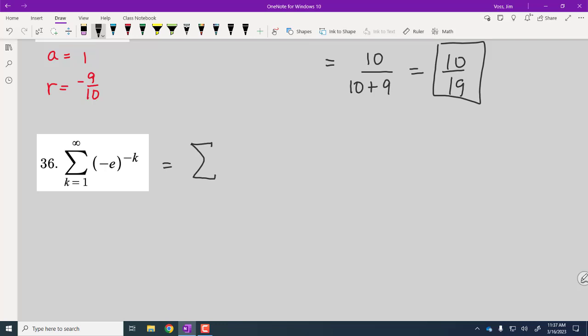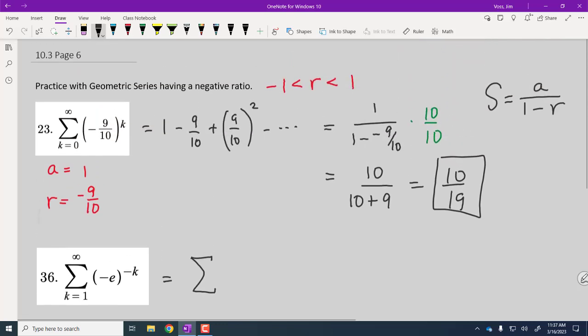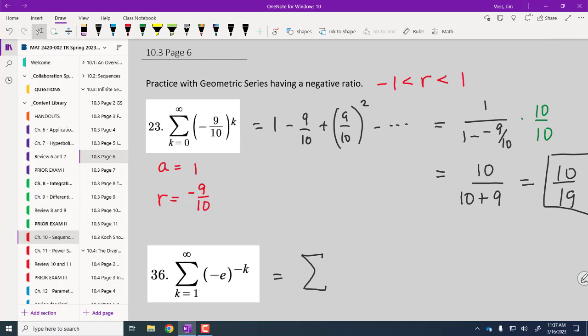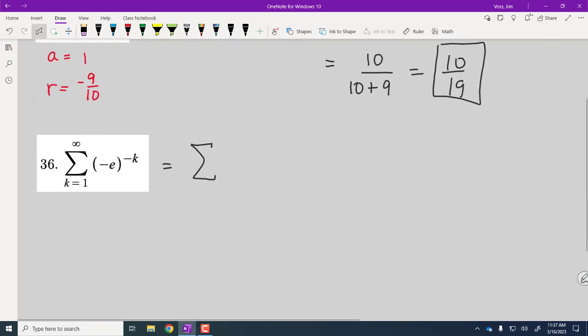So the form of a geometric series is A R to the K. The K is all by itself in the exponent position. Not negative K, K. So we can say, oh, this is -1, and all that is raised to the K. We want to get that K isolated up in the exponent position.